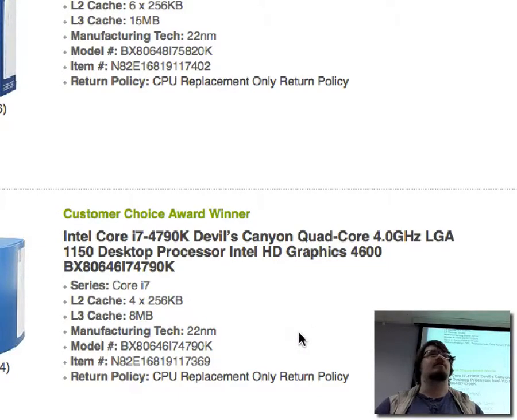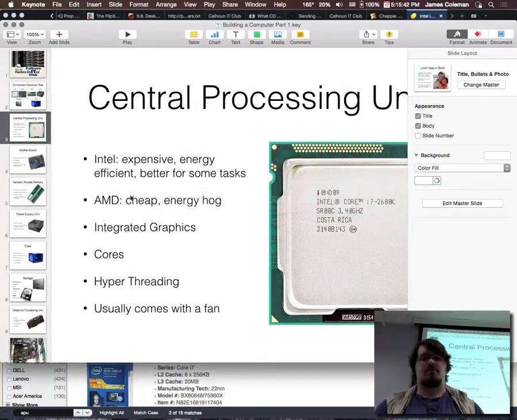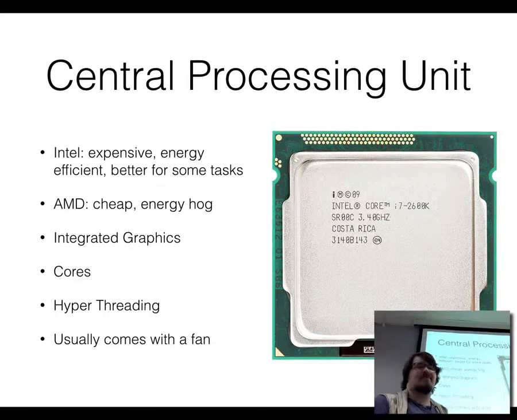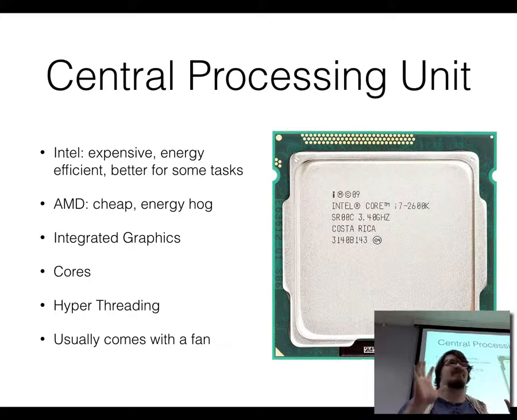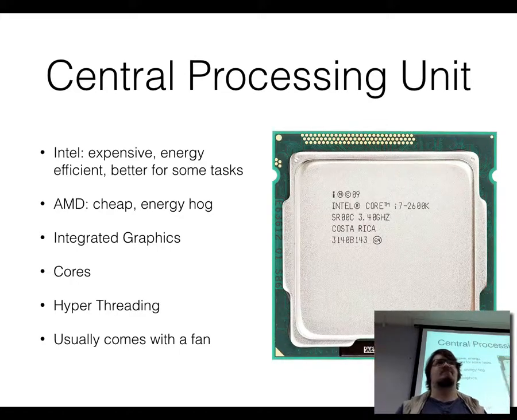Most of them have Intel HD graphics. The only things that they will help with is like playing videos on YouTube or just seeing a screen. It's not very good for gaming. You can do very small gaming, but not the big name gaming like Crysis and stuff like that. You won't be able to play those games with these integrated graphics.